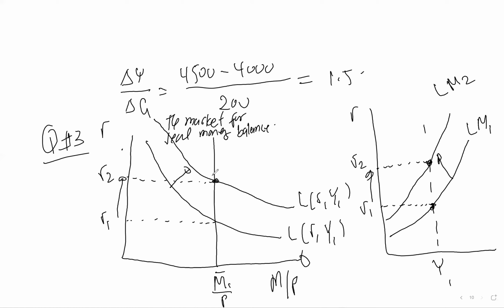As a result, the LM curve shifts upward, and each value of income, such as the initial income, is associated with a higher interest rate than before.